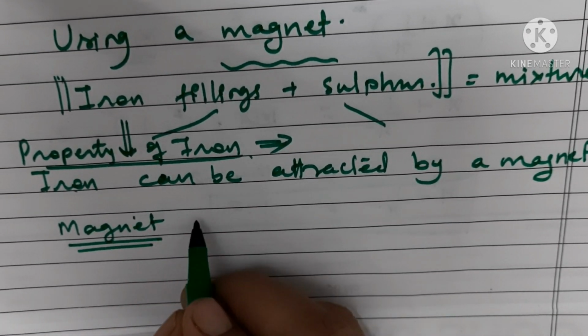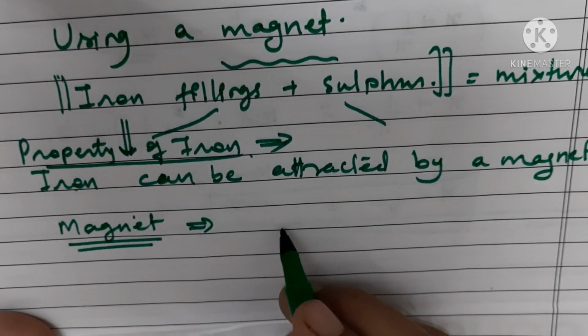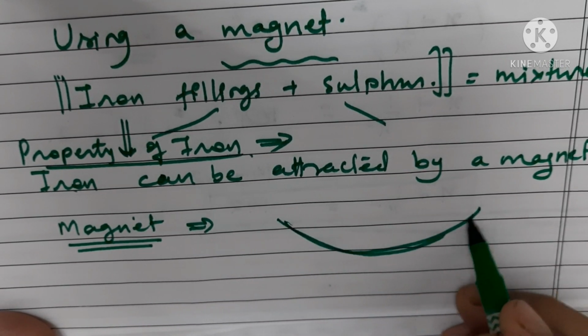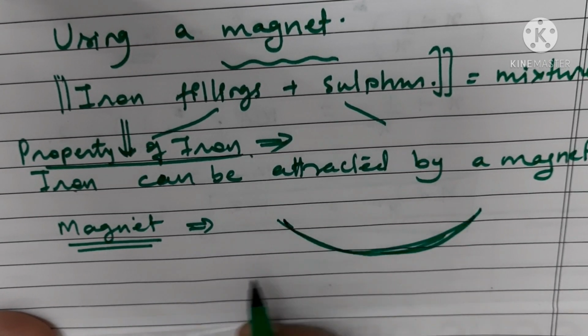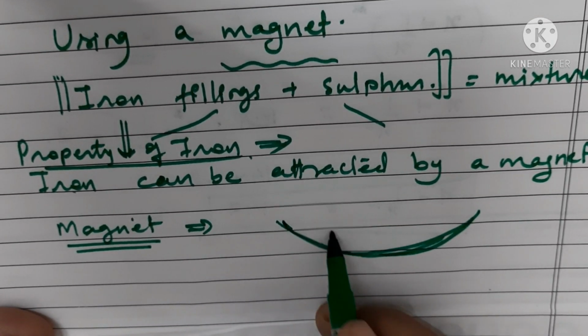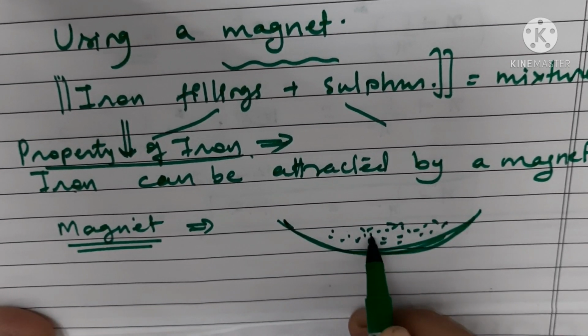The magnet method. Okay, it means using a magnet. Magnet will be brought. Suppose you are having a dish like this, and then in this you are having sulfur. So you are having sulfur here.